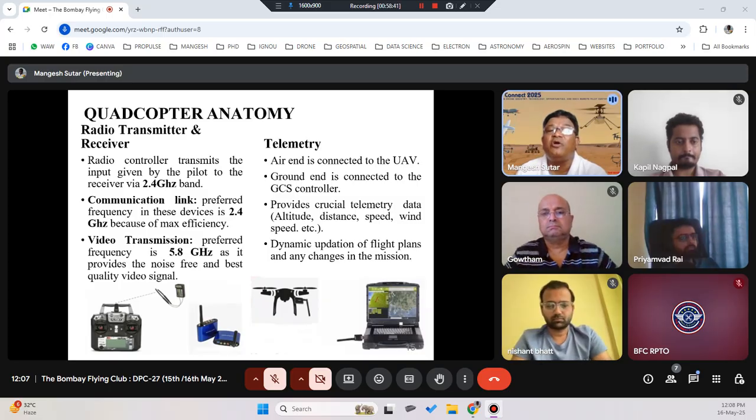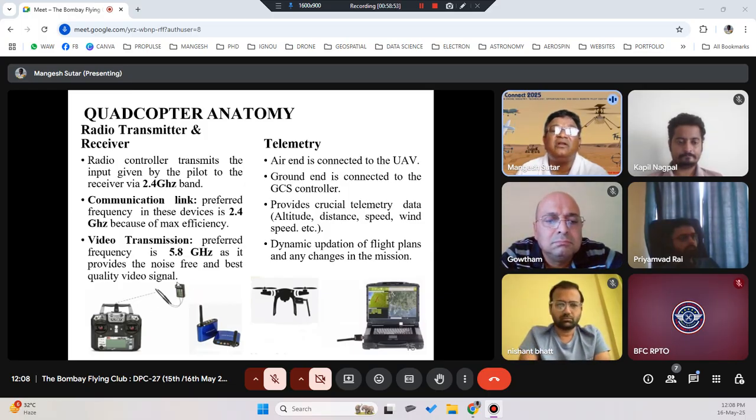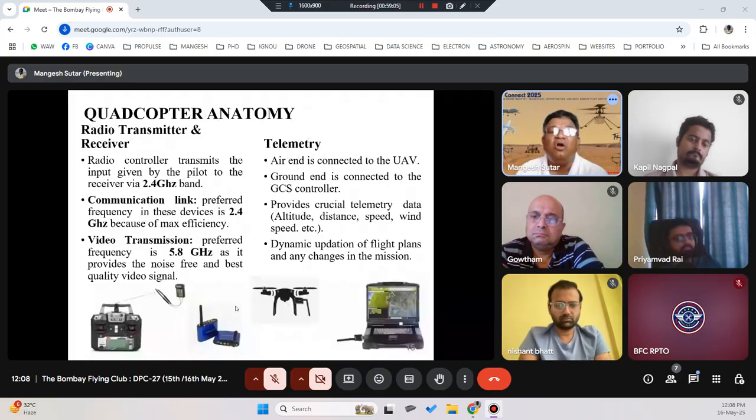You have the 2.4 gigahertz band which is used by your remote control to connect to the drone. So there is a remote control and there is a receiver. This small device is a receiver which receives the signal from your remote control, and it is connected to your flight controller. The signal from the receiver is given to the flight controller, and the flight controller takes the decision based on whatever actions you have performed on your remote controller.